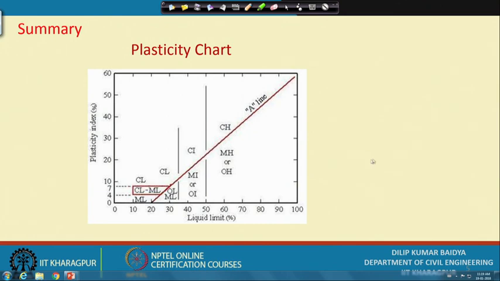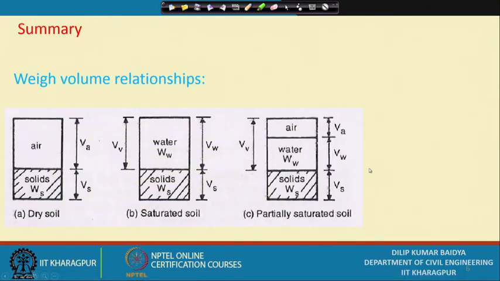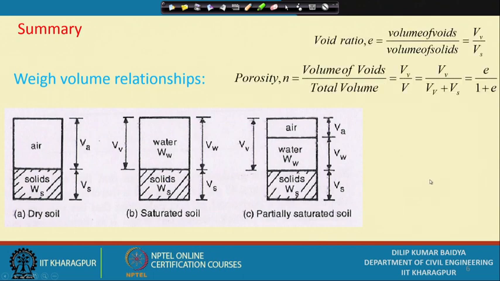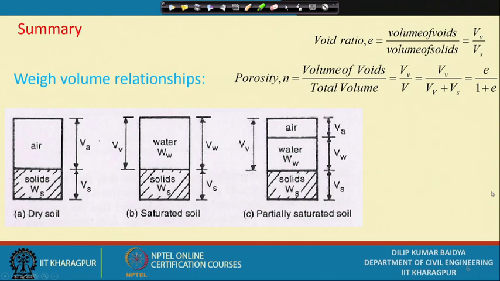Next we covered several aspects of soil mechanics, the weight-volume relationship. You always have to keep two or three definitions in mind very clearly. Those definitions are void ratio, which is volume of void by volume of solid, and porosity, which is volume of void by total volume.